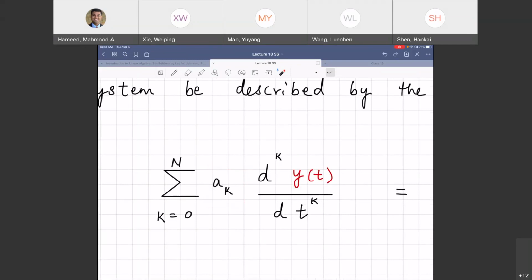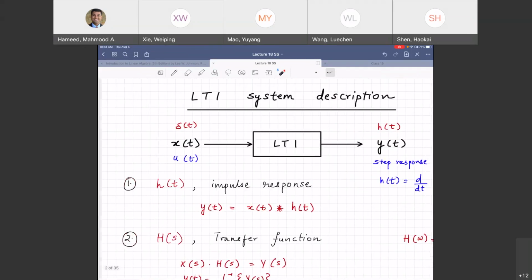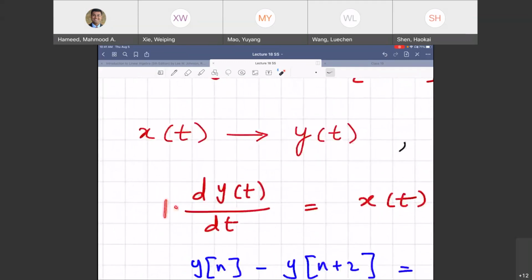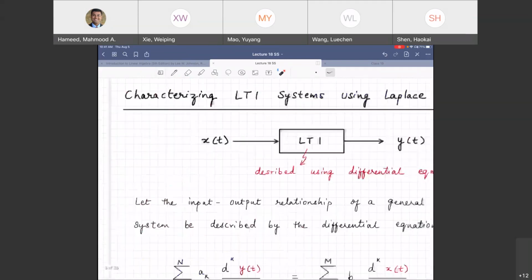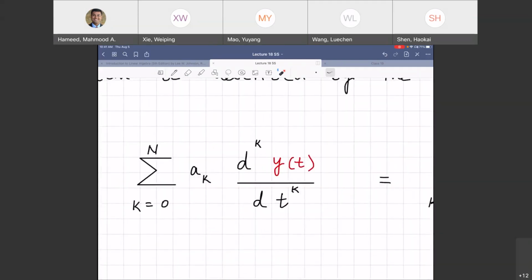In our case, we just differentiated y once, right? And our scalar associated with it was 1. But we could have 2 d squared y divided by dt squared, right? So on the left here, we could have capital N plus 1 terms, where k is going from 0 to capital N. The a_k are the scalars that are associated with the kth derivative of y of t, right?